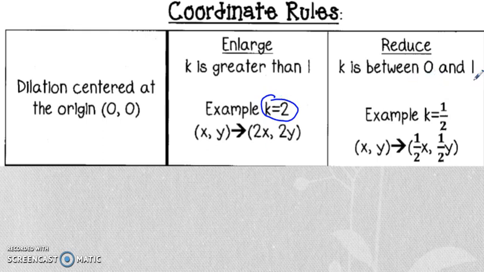If it's between 0 and 1, meaning it's probably going to be a fraction, we have less than 1, but it can't be negative. That means that we are going to make it smaller. The coordinate rule is we take whatever that scale factor is and we just multiply it with the coordinate, and that will give you the new location of the image coordinate.